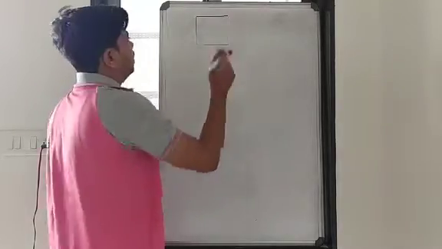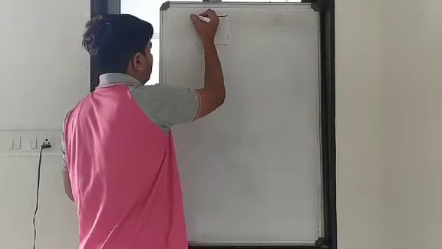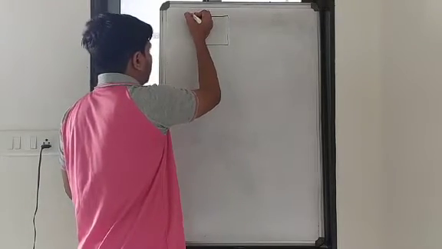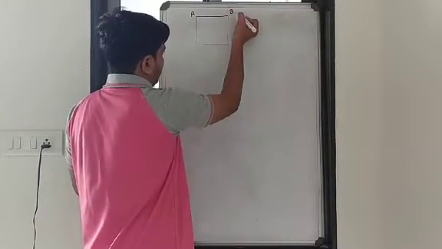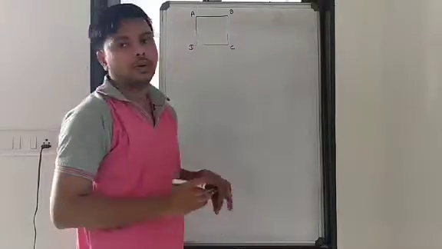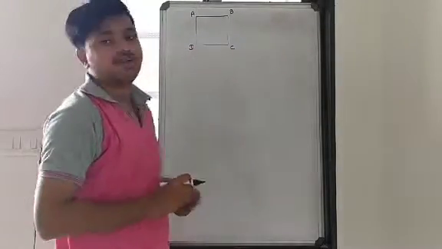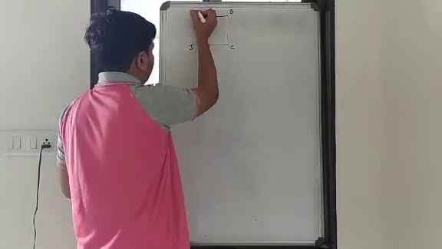If the farmer starts his journey from here, if we take it as point A, then it is point B, here C and here D. The length of that farm is given to you, which is 10 meter. So here it is 10 meter.